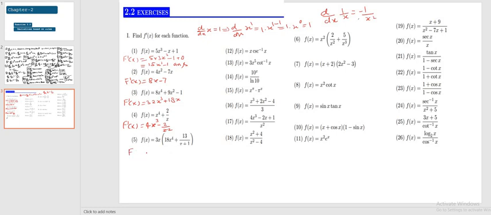First of all, simplify it. When you simplify, it is 3 multiplied by that one: 54 x to the power 5 plus 13 x, 13 multiplied by 3, that means 39x, divided by x plus 1.